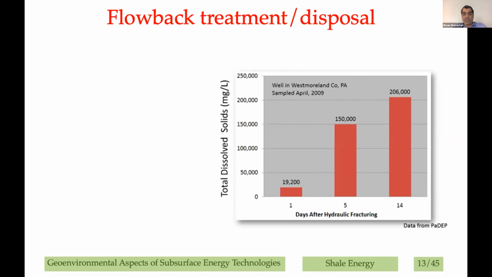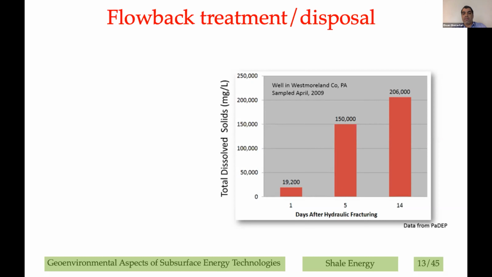And of course, in Marcellus, because of the radioactive material, it also contains above-background-level radioactive material, or NORM and TENORM. So there are a lot of efforts to recycle, and the majority of the flowback is recycled currently in Marcellus.